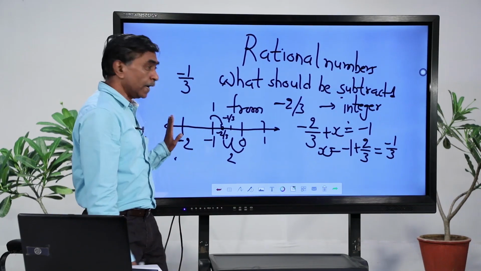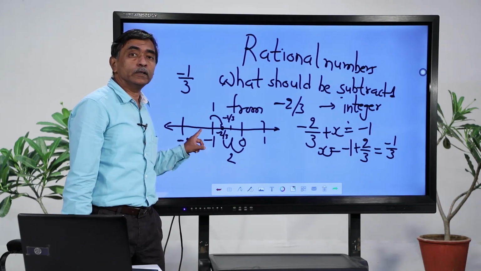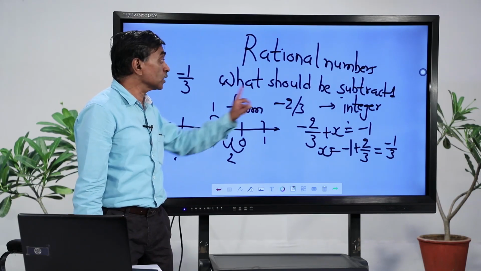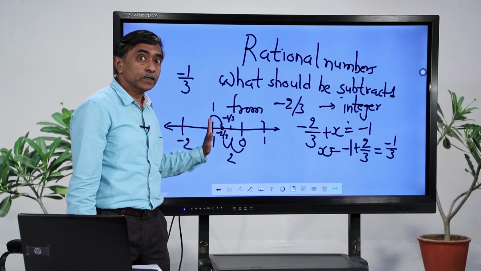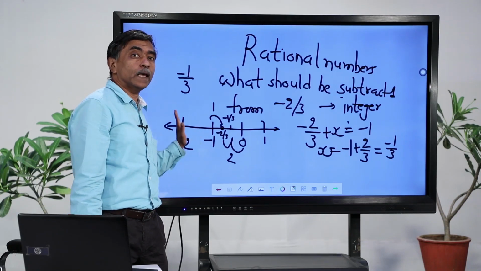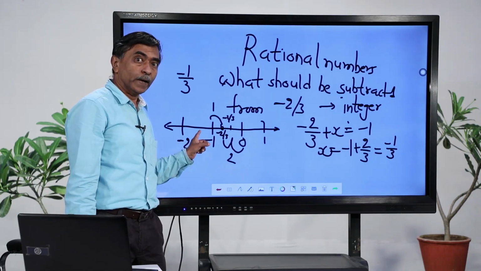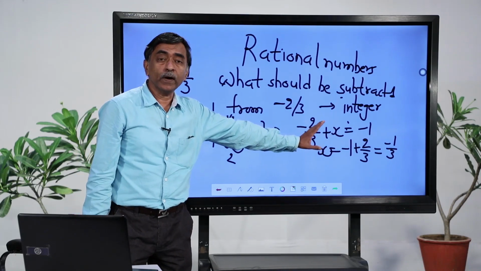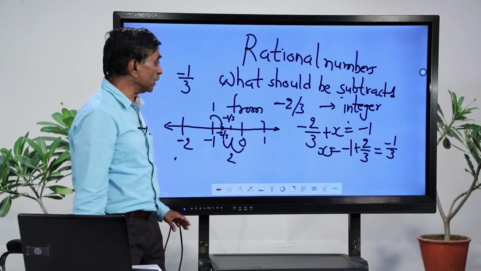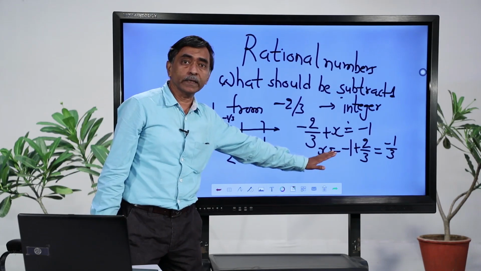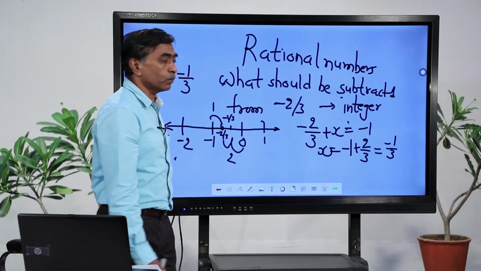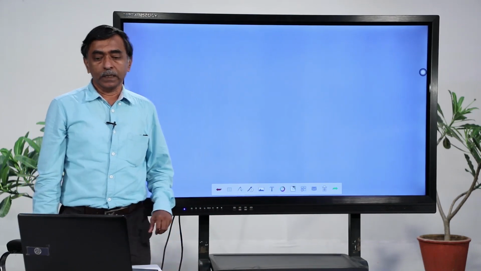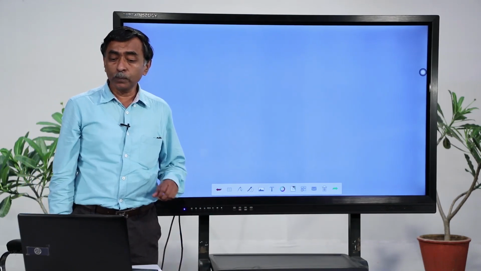So, visually I tried to show, and you try to see how the number line can be used to get this particular solution. That is, one jump of 1/3 to the left took me to -1, and here in an equation form, if I say that the particular number is x, then I solve the equation, I get the value as -1/3. Now, continuing this, I will say what should be multiplied.